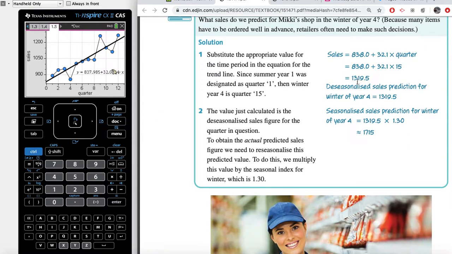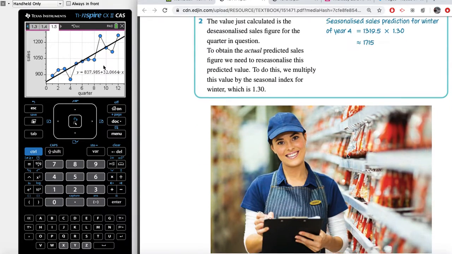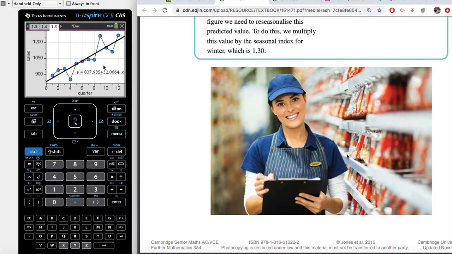So we use that equation we've already got, put it in the calculator, just like I did before, and there is our value, and you'll find the same thing on your calculator. But if we then have to seasonalize the data, and this is from our previous exercise as well, remember we have to use that value and we multiply by its seasonal index. It's a smiley face. Hopefully this helps.